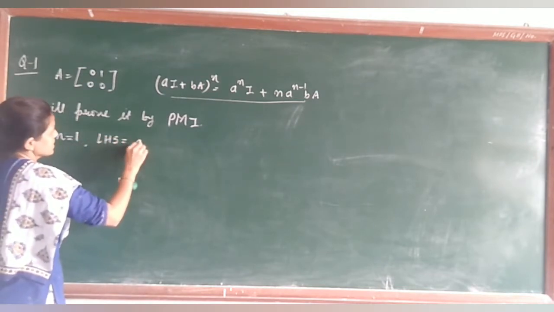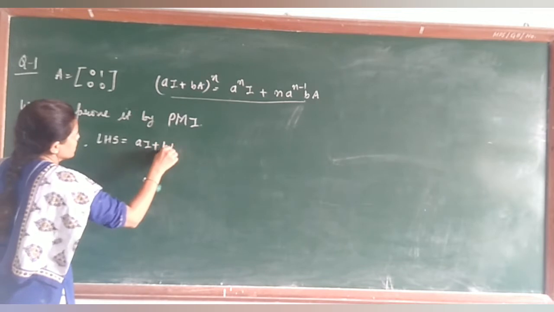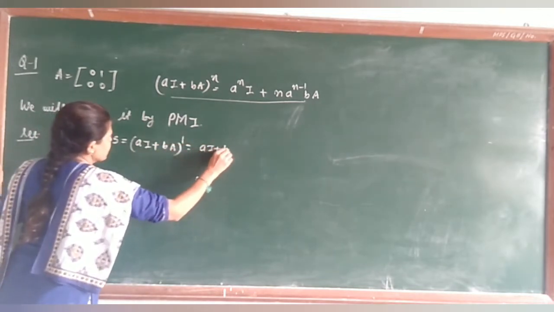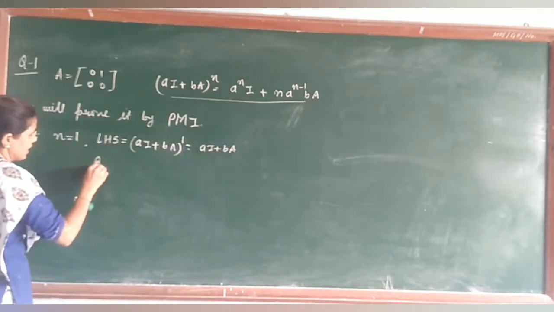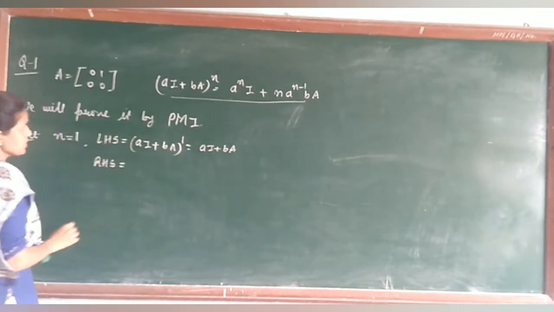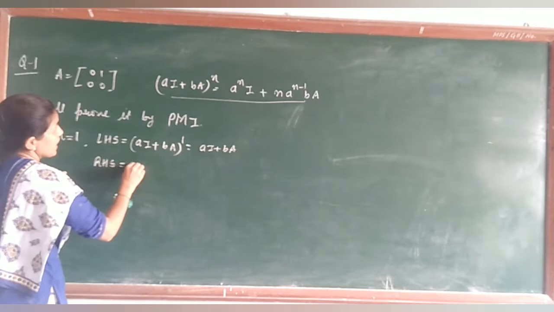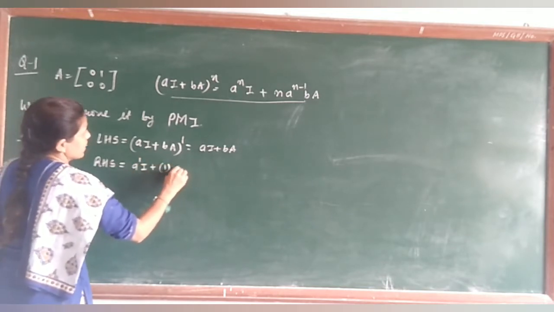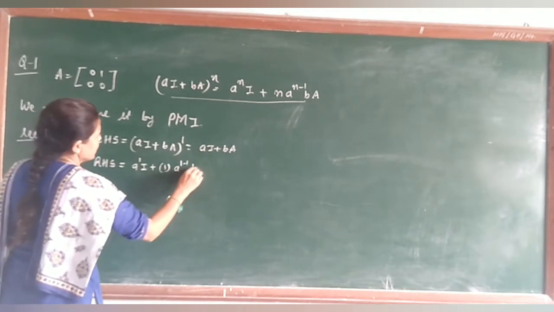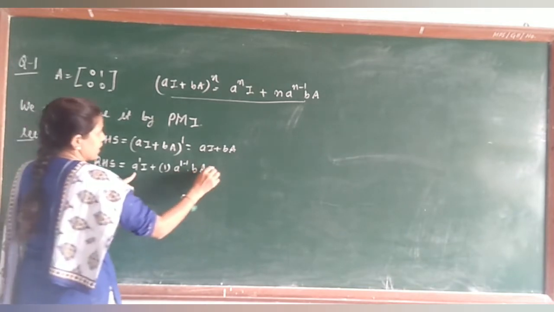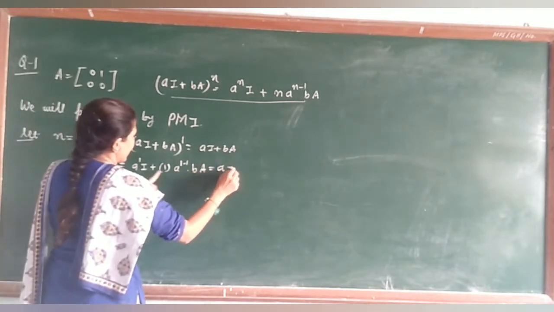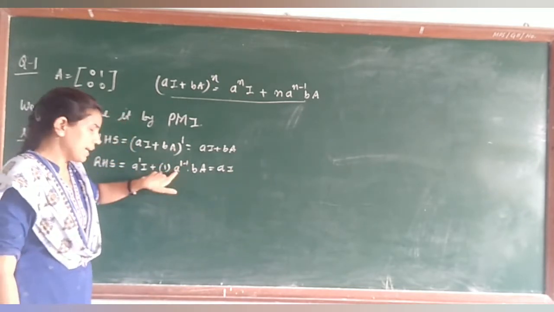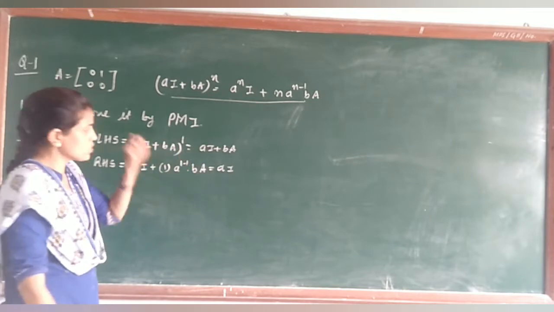What is your LHS? (aI + bA) raised to 1, that is equal to aI + bA. And what is your RHS, students? So it is a raised to 1 I plus 1 a raised to 1 minus 1 b into A, that is equal to aI plus b A. Since 1 minus 1 is 0, and anything raised to 0 is, yes, 1.